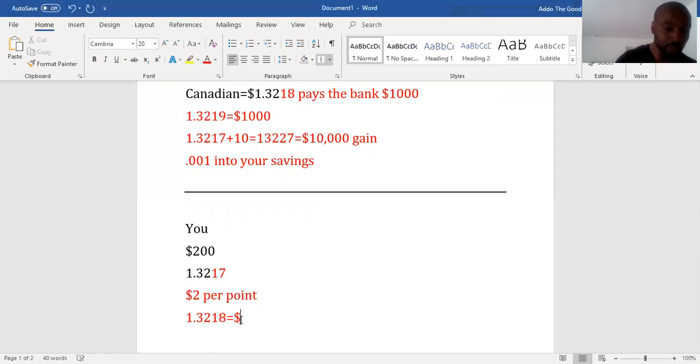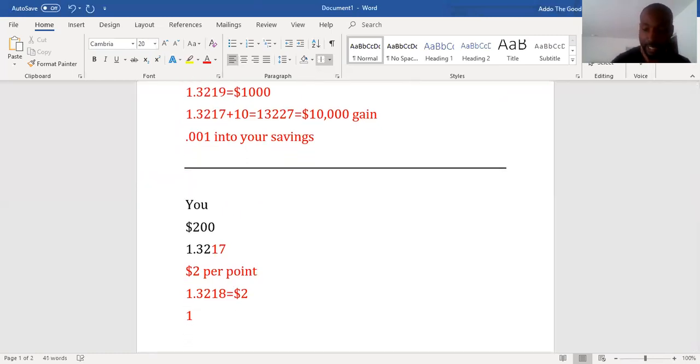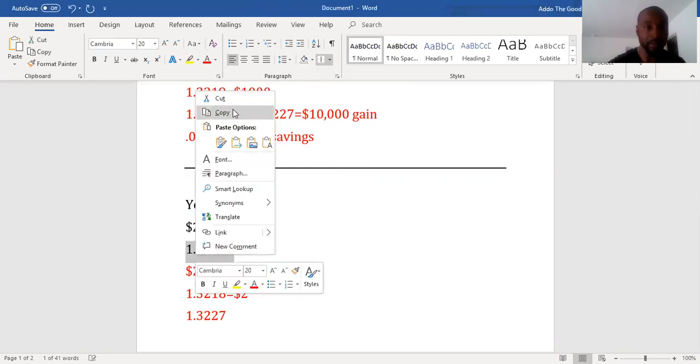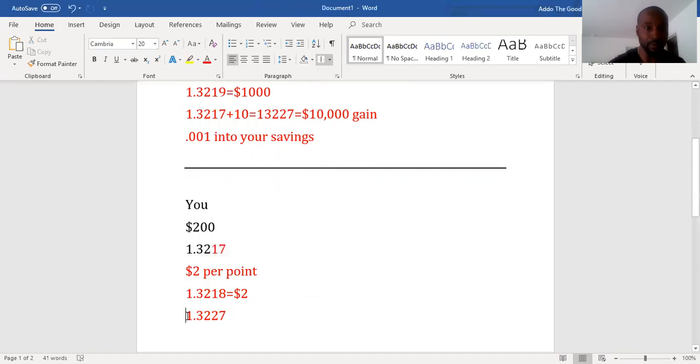You just earned $2. Let's say it moved from 32.17 to 32.27. That's a total of a 10-point difference.